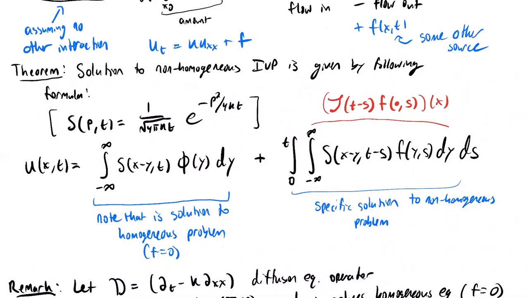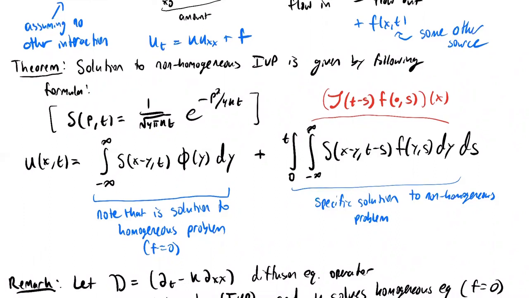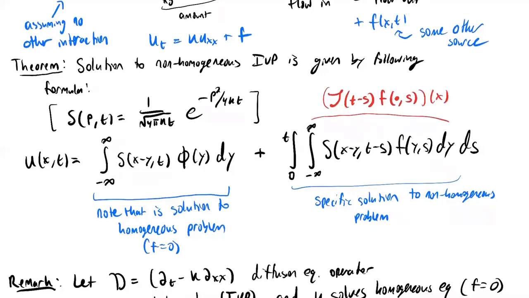The reason I'm writing the s here is just to remember that f could potentially depend on s also. If this is too confusing, just pretend that the second parentheses aren't here, and just remember that f depends on s, right?